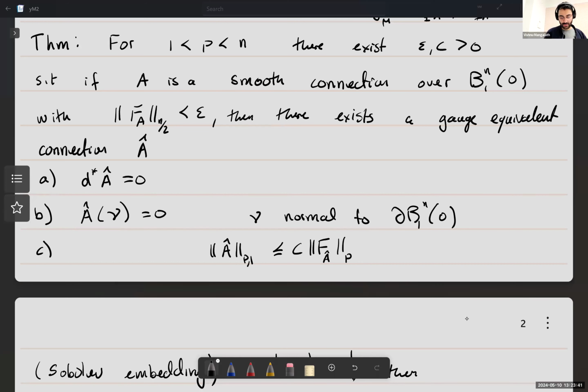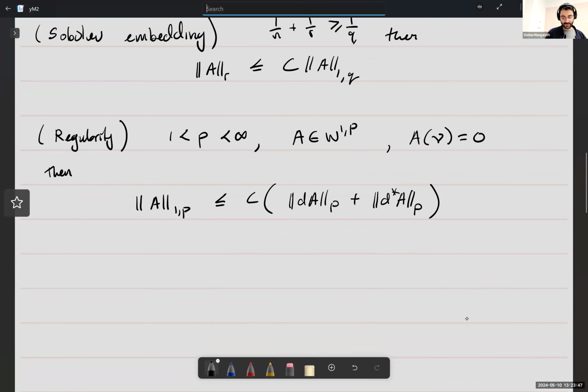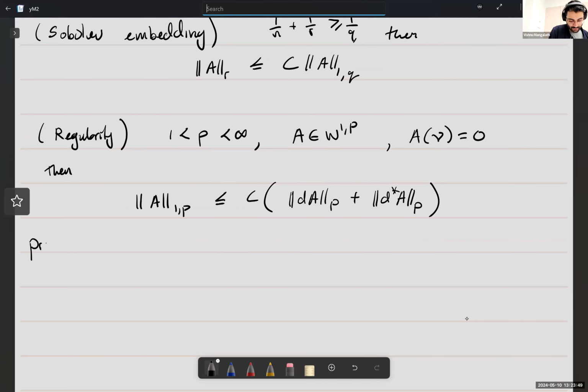Okay, so I stated these two theorems, and now I want to try and prove them. Let's define these kinds of restricted and pullback operators on a connection.